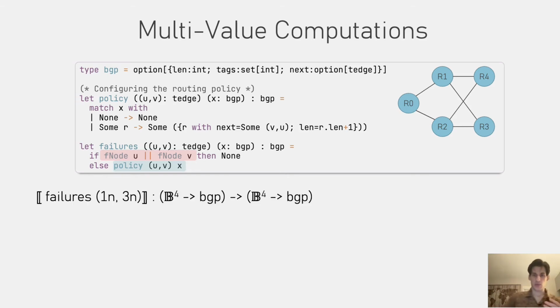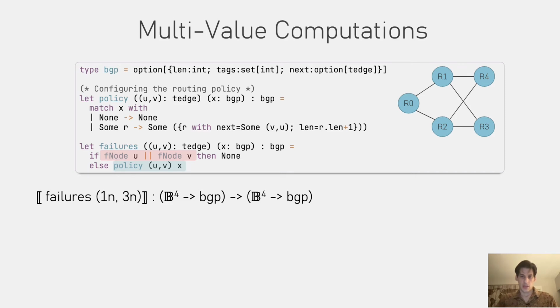So whereas the interpretation of a symbolic we used is a function from bit vectors to booleans, a multivalue is a function that can return any type of value, in this case BGP routes. When applied to an edge, the function failures returns a function that takes as input a multivalue and returns another multivalue.